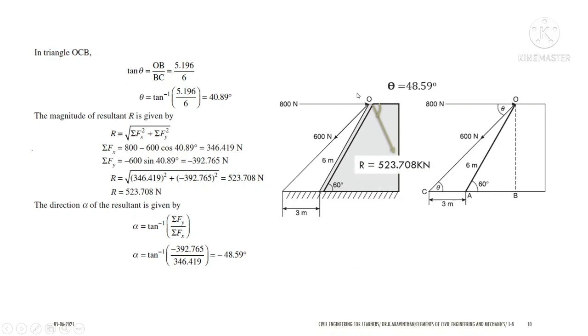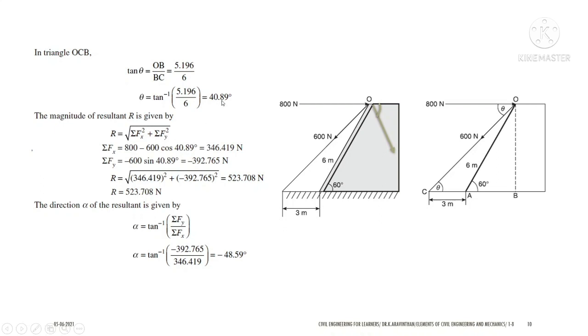After finding this angle theta, you can resolve. Now you have two forces and the two forces' angles are known here. If you resolve the forces horizontally, you have 800 which is acting right hand side, which is plus 800, and 600 which is acting at left hand side, 600 into cos theta, and 600 will be negative, minus 600 into cos theta.